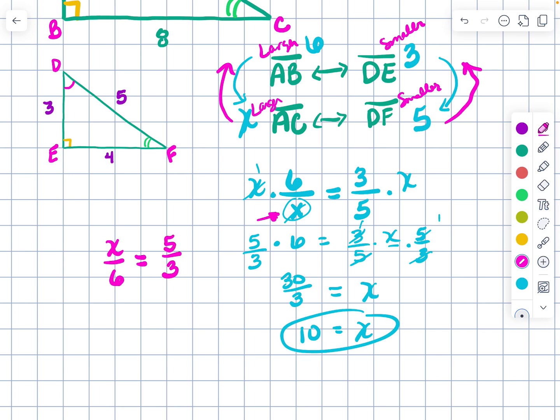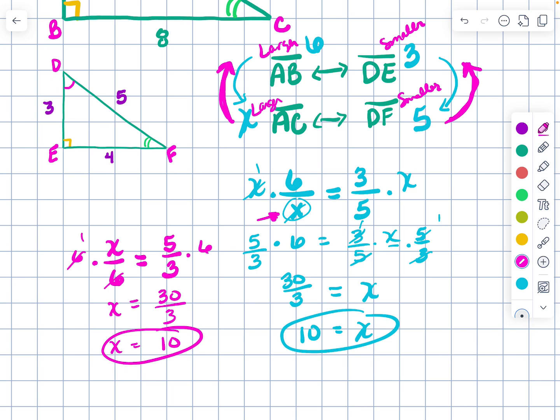Now notice when I go x is to 6, I'm going from the bottom to the top here, and I go from the bottom to the top in the other one. So basically smaller to smaller and larger to larger. Okay? If we get them mixed up, it won't work. So now I can multiply both sides by 6. 6 goes into 6 one time, and I get x equals 30 over 3. So x again is equal to 10.